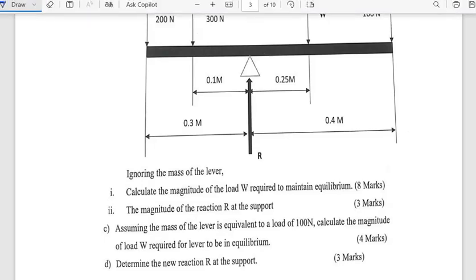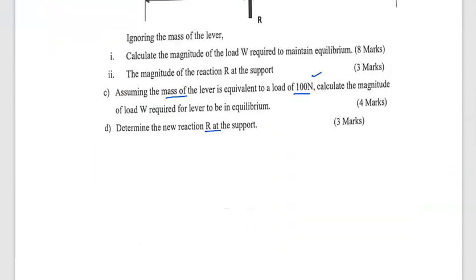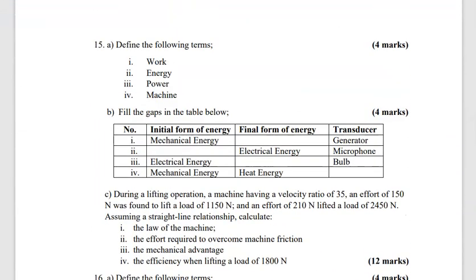Then now assuming that the lever has a mass, that the lever is equivalent to a load of 100 newtons, calculate the magnitude of the load W, then determine the new reaction R. That was 14, then you move on to number 15.